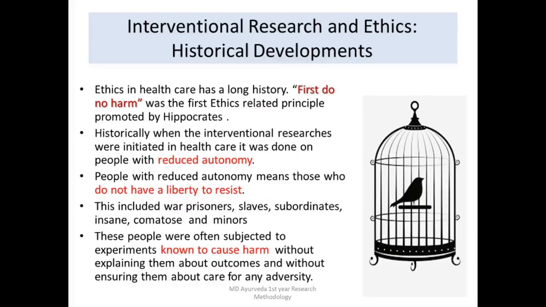These people are often subjected to experiments known to cause harm. Sometimes, when we initiated interventional research in the beginning of history, we knew that these interventions were going to cause harm, and these interventions were never explained to the people regarding the outcomes, and the people were not ensured of any care for any adversity which may occur because of the intervention.